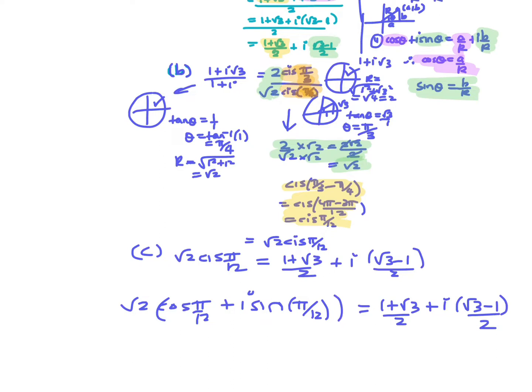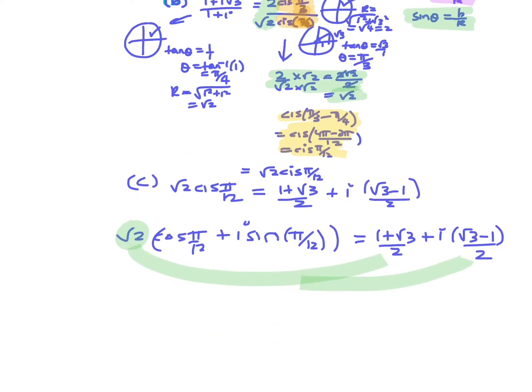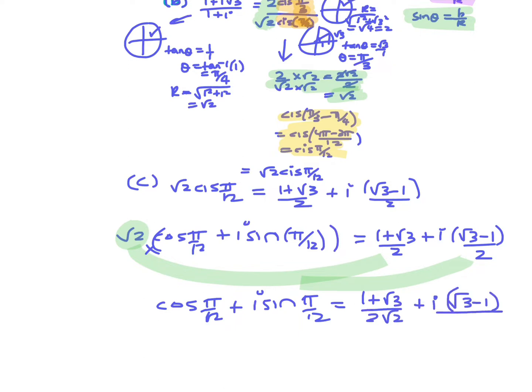I now take that root 2 and divide it onto the denominator on the other side, because the opposite to times is division. So cos pi on 12 plus i sine pi on 12 equals 1 plus root 3 on 2 root 2 plus i root 3 minus 1 on 2 root 2. So let's just move to the bottom there.